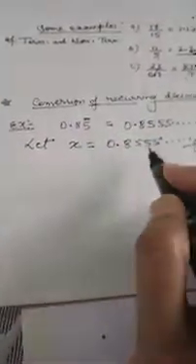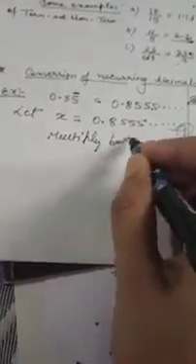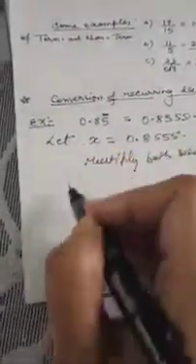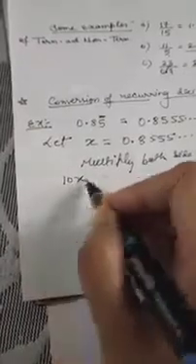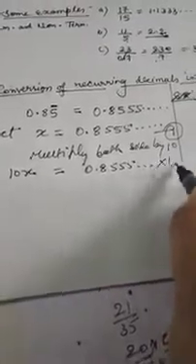So we have let x is equal to this. Next, the bar is above 1 digit, only 1 digit. So we will multiply both sides of this equation by 10. If you multiply x by 10, we'll get here 10x, and multiply this 0.8555 dot dot dot into 10.